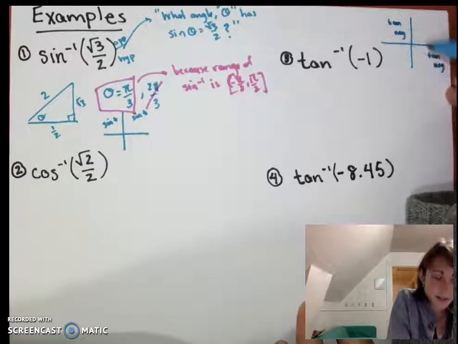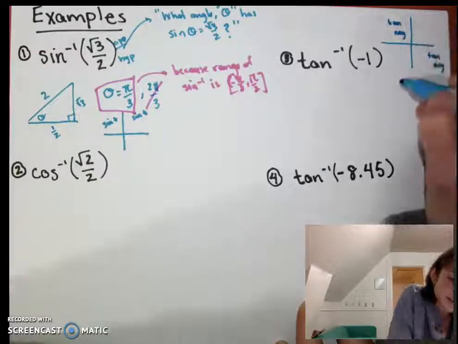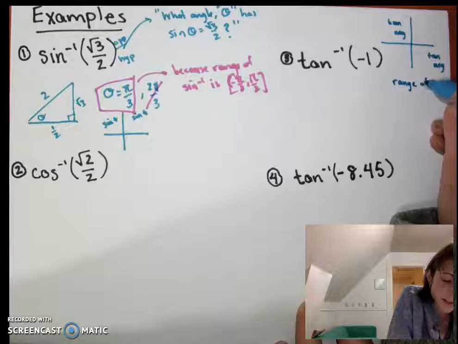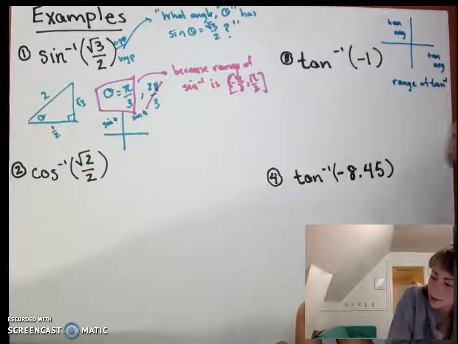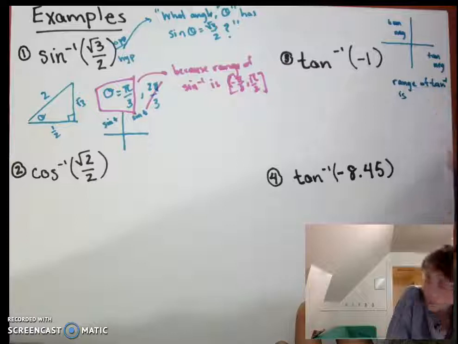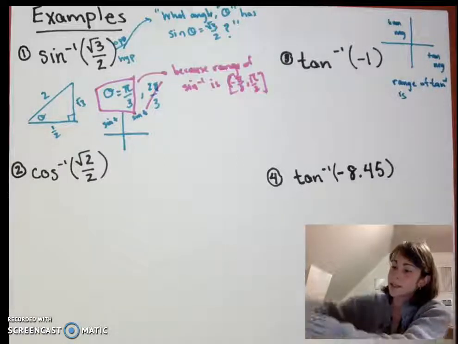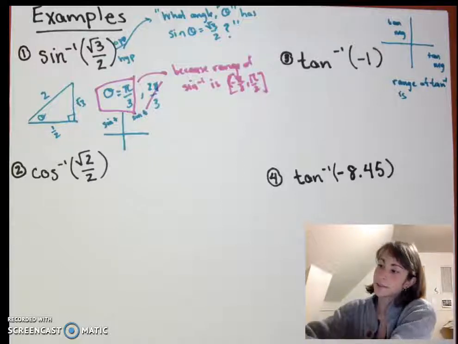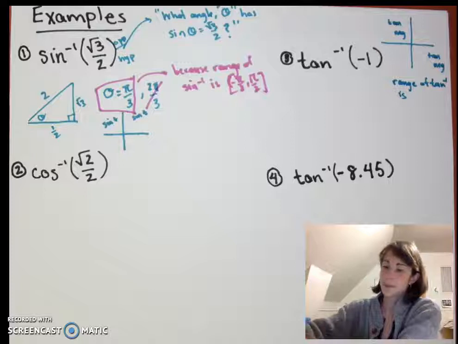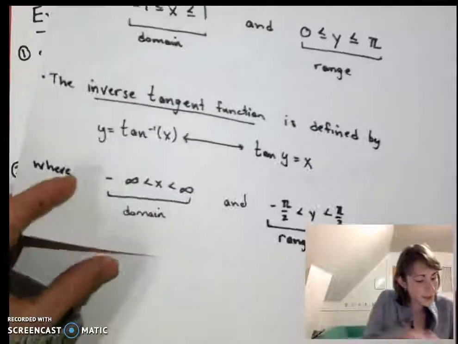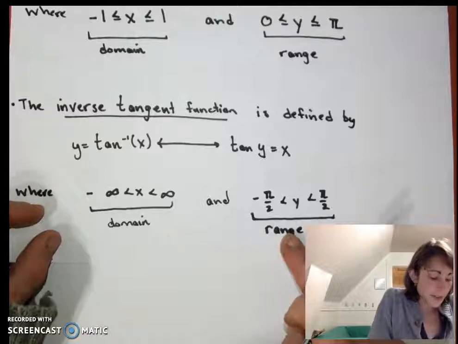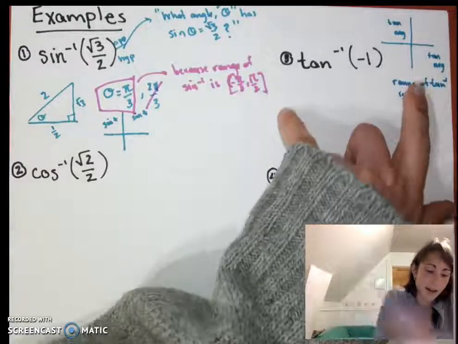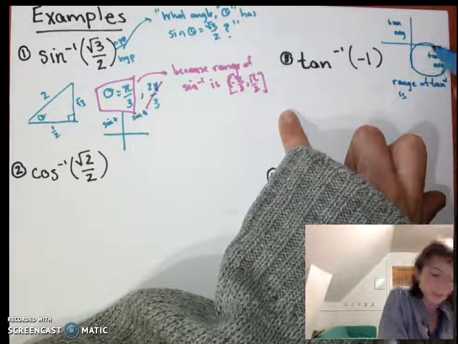So our angle should fall within one of these, but we know the range of tan inverse is, let's go back to our definition from last video. Okay, the range of the inverse tangent is negative pi over 2 to pi over 2, so our answer should be in this quadrant.